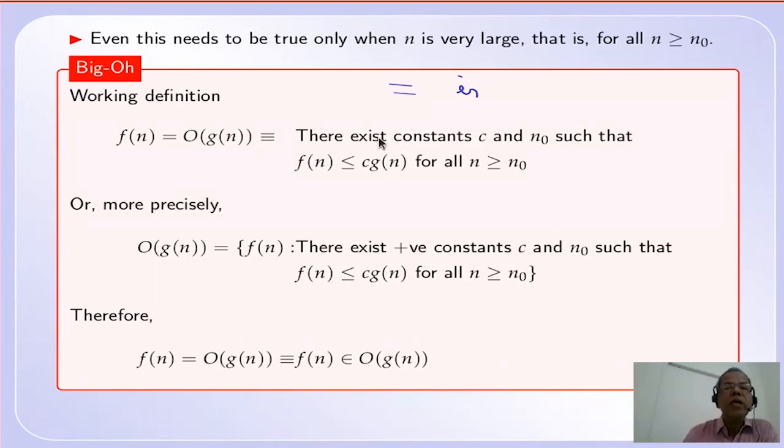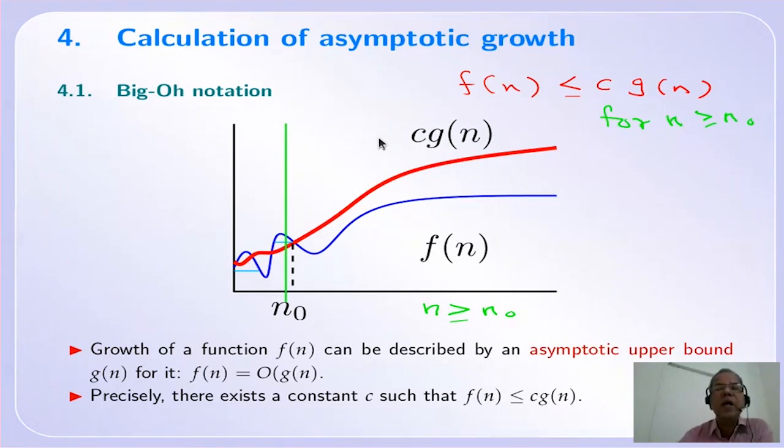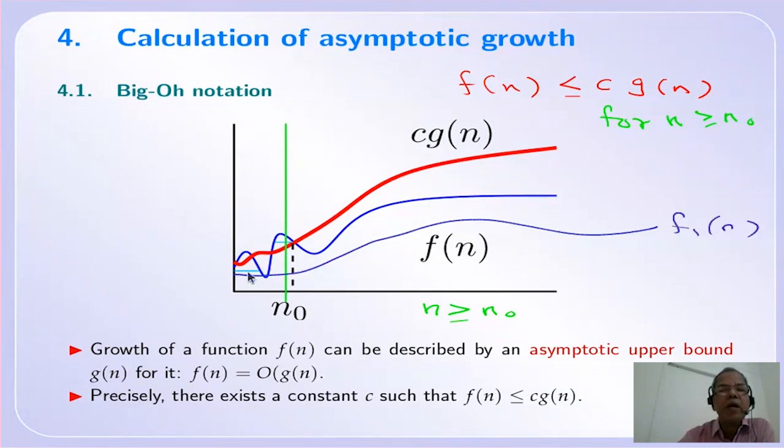Why do we read this as f of n is big O of g of n? Here is a reason. If you consider the c times g of n, there may be a large number of functions. This is another function, f1 of n. This may be yet another function, f2 of n.